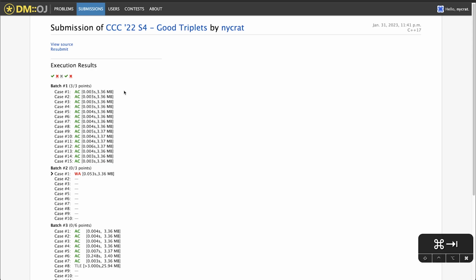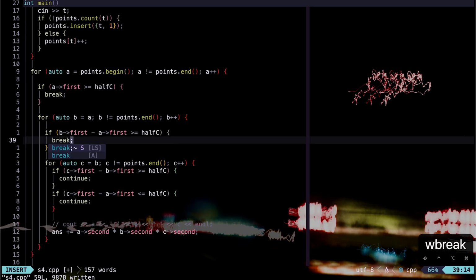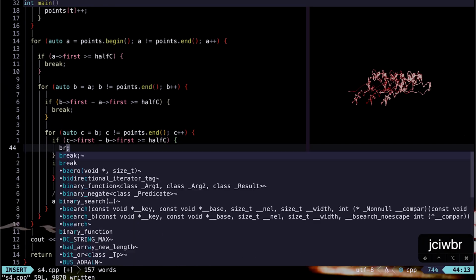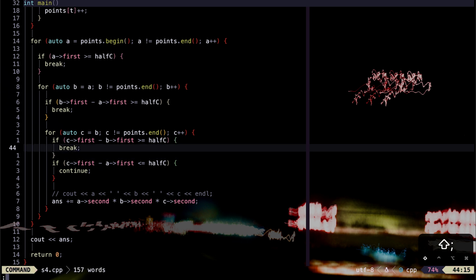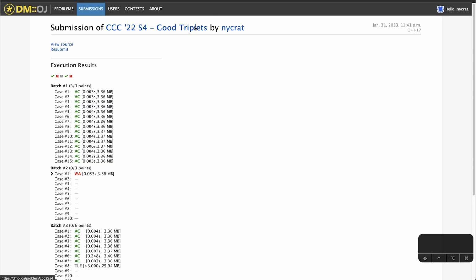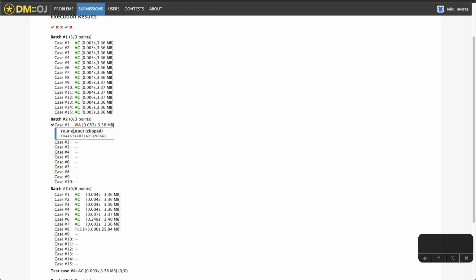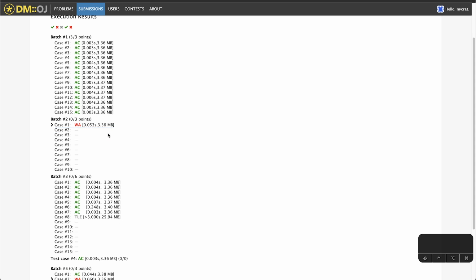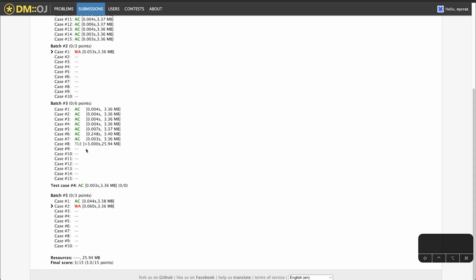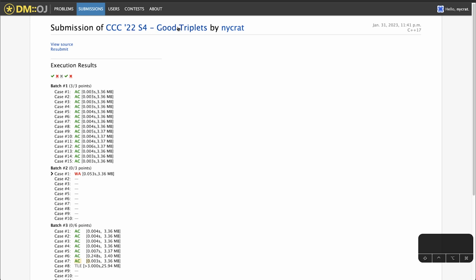And I did want to try something, which is, of course, replacing these with break. And you can see that sometimes you get a wrong answer, probably because again, the output is just too large. Something happened here. Probably just output. The answer is too large, or of course time limit exceeded.